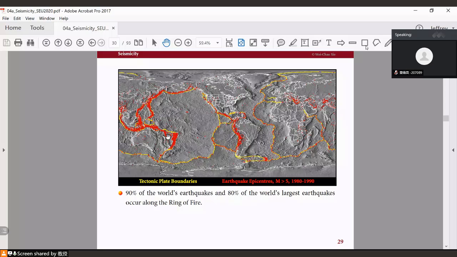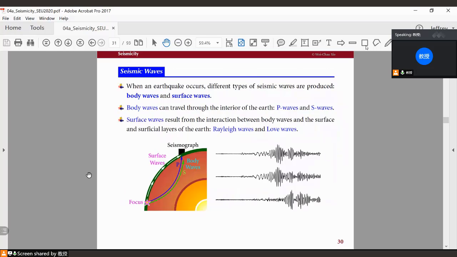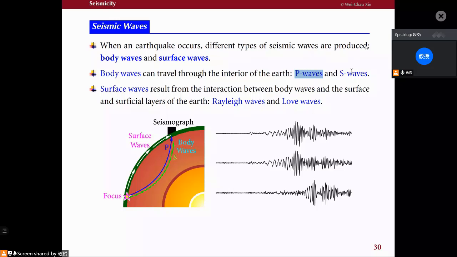Okay, so we know that most of the earthquakes occur along the Ring of Fire. Now let's look at the propagation of seismic waves. When an earthquake occurs, different types of seismic waves are produced. And there are two types of waves, body waves and surface waves. Body waves can travel through the interior of the Earth, and we have P waves and S waves.